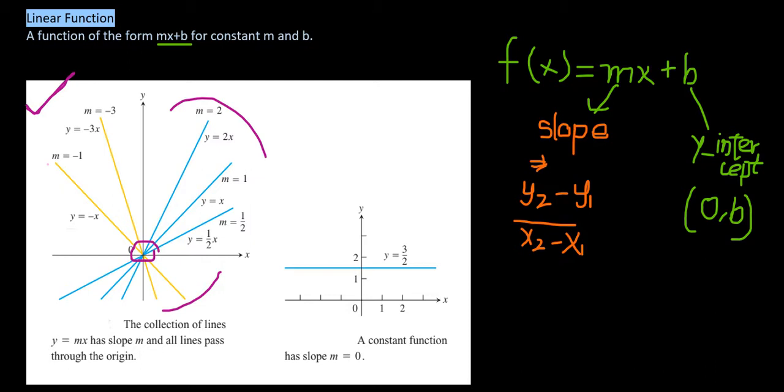So it moves all around the graph crossing the origin, and it has the domain and range as the whole real numbers. Domain or range of a linear equation is all real numbers.